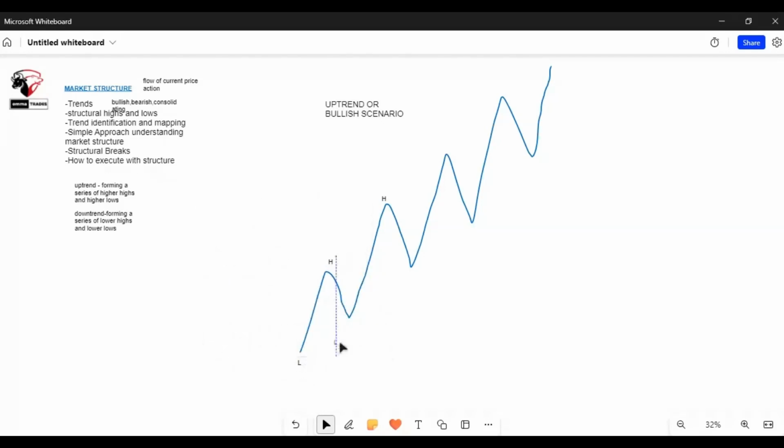Yes, so the one rule with this: when I'm in an uptrend, what am I doing? I'm targeting the highs to be taken out, and I'm protecting the lows.